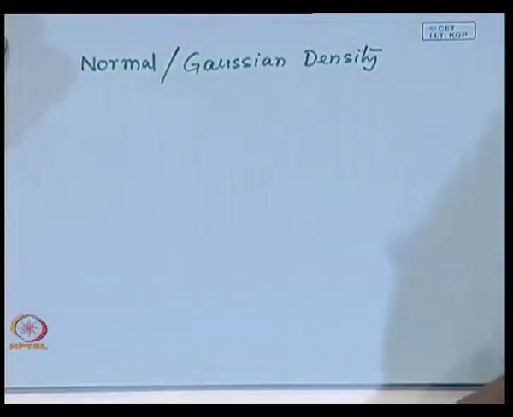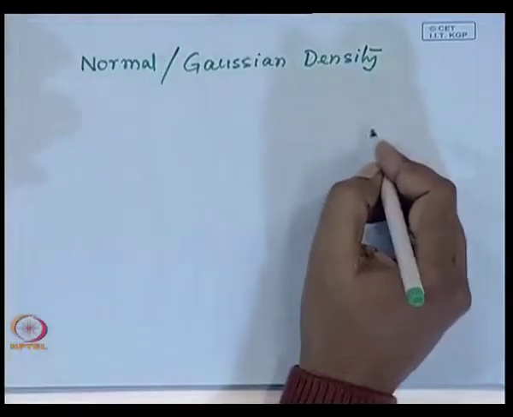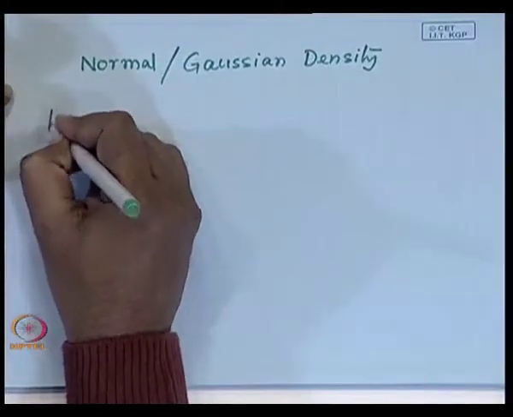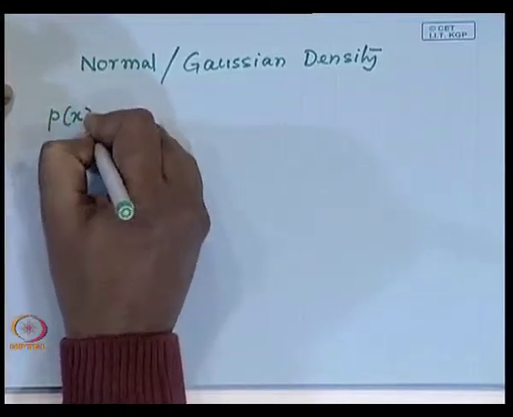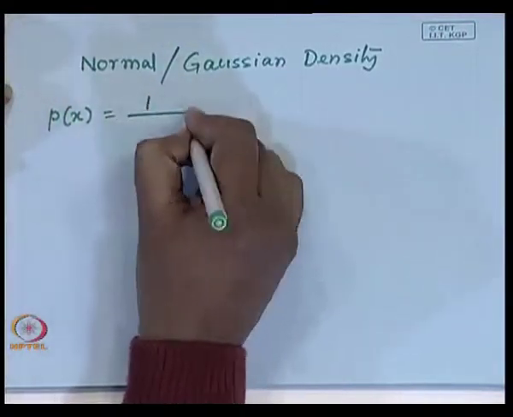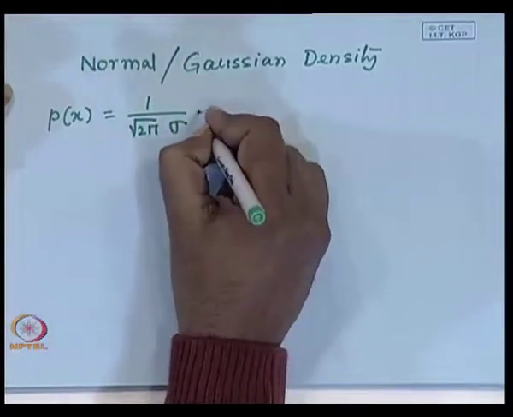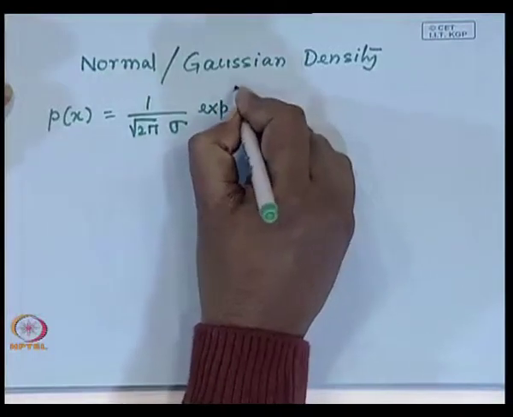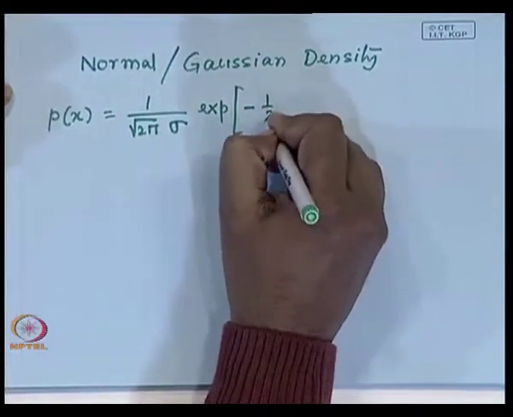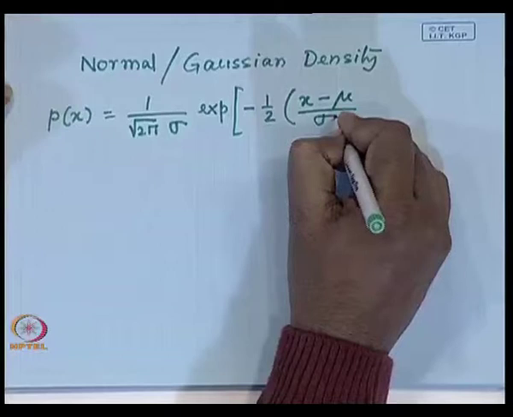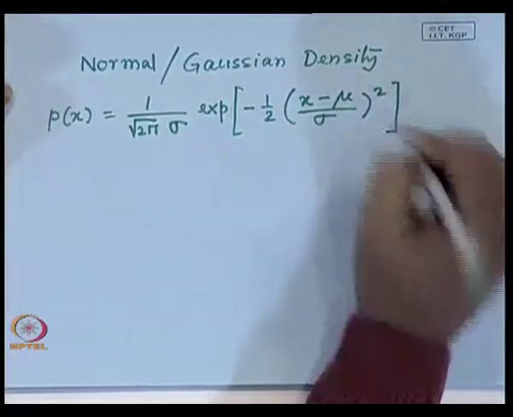So, this normal or Gaussian density for a single variable case is simply given as p of x is equal to, as all of you know this expression, 1 over square root of 2 pi into sigma, exponential of minus half into ((x minus mu) upon sigma) square.